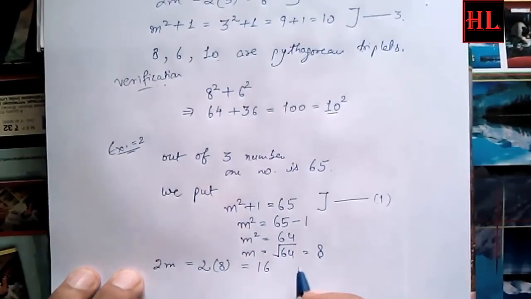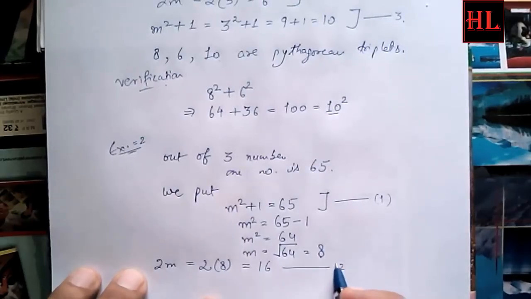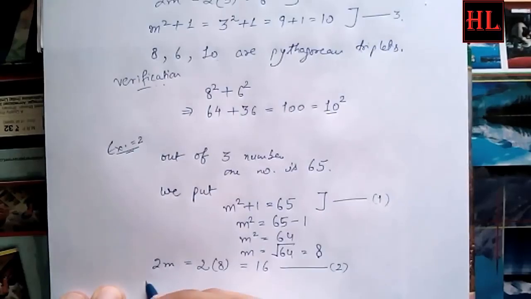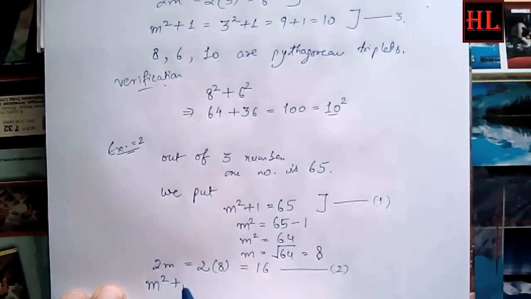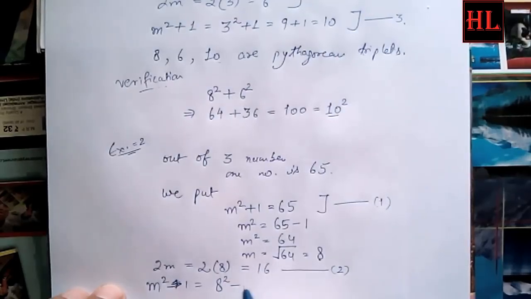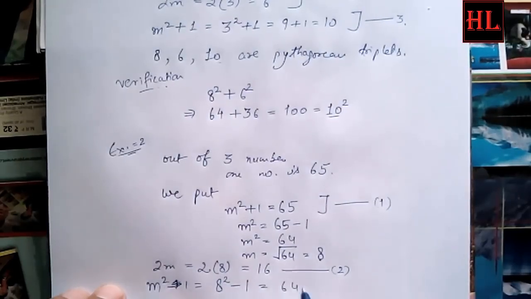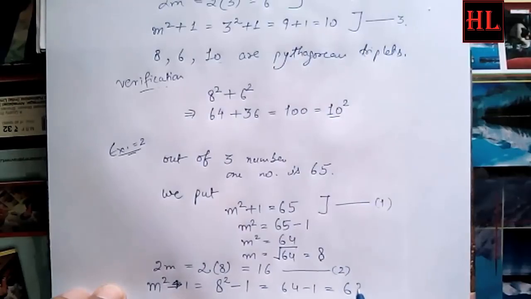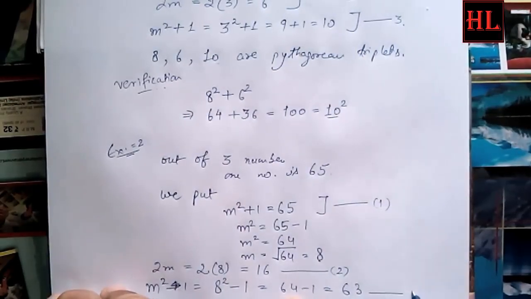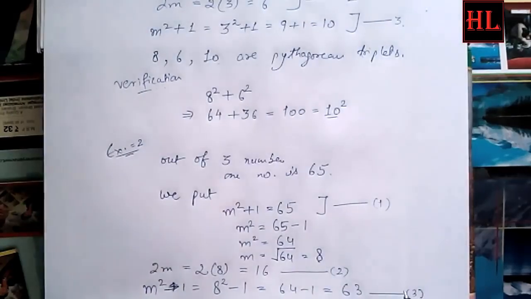We'll get 16. So 16 will be the second number, and the third one will be m square minus 1, and we'll get the value 8 square minus 1, which will be equal to 64 minus 1, and we'll get 63. So the third number of the Pythagorean triplet will be 63.